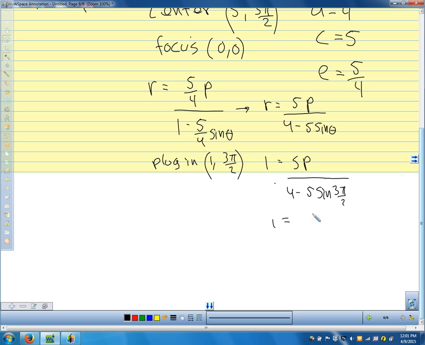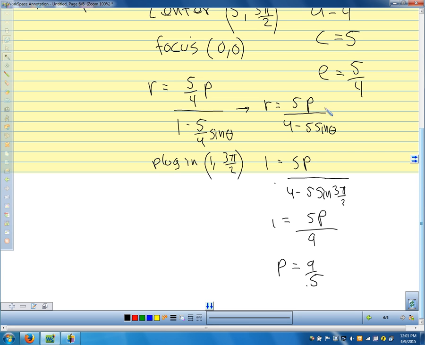What is sine 3 pi over 2? 1, 0, negative 1, square root of 2 over 2, square root of 3 over 2. Which one? Negative 1. So we have 4 plus 5, which is 9. So p equals 9/5.